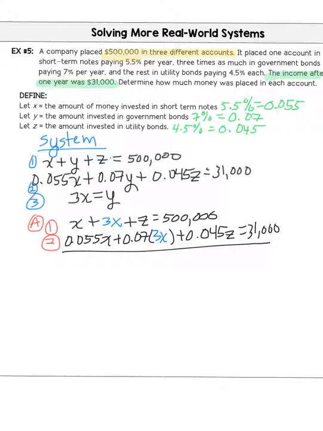Let's see what we have. So let's rewrite it. I've got x plus 3x, which gives us 4x's. So I have 4x's, and then plus z is equal to 500,000.